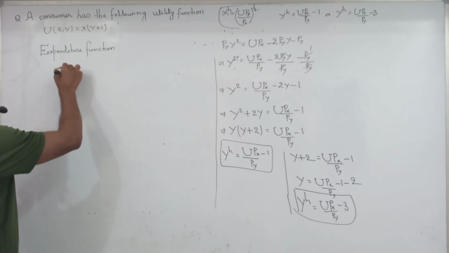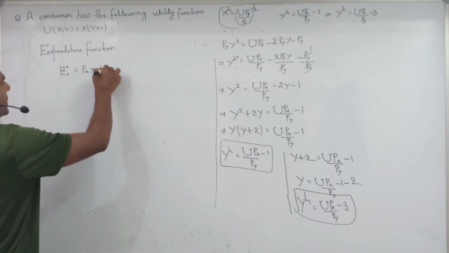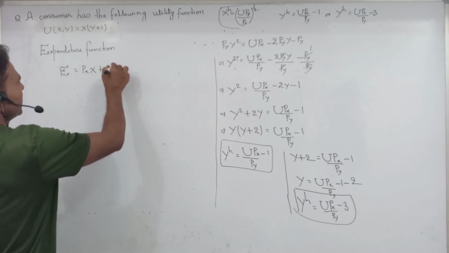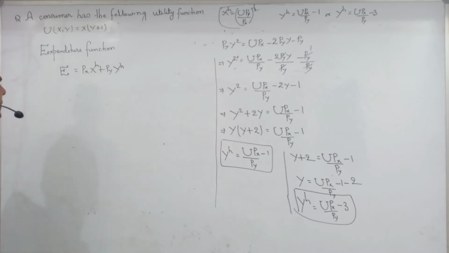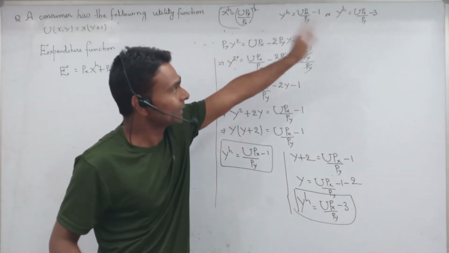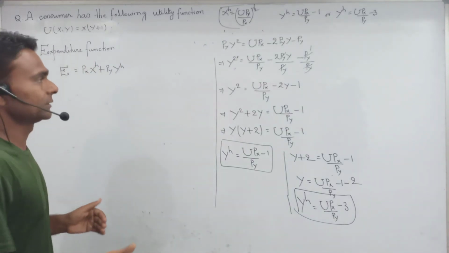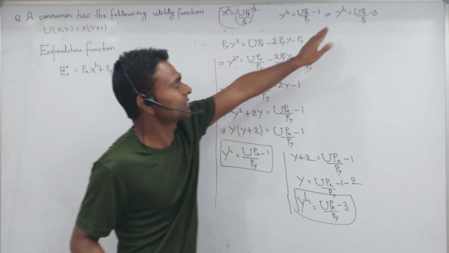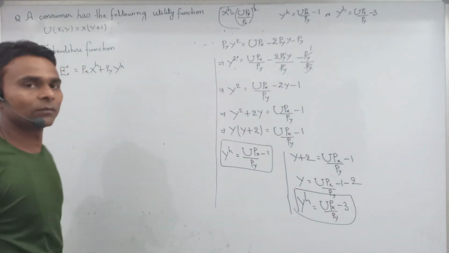Expenditure is denoted by E: price of x times x plus price of y times y, using the Hicksian demand functions. For the first expenditure function, substitute the first value of y, and for the other, substitute the other value of the Hicksian demand function for commodity y.